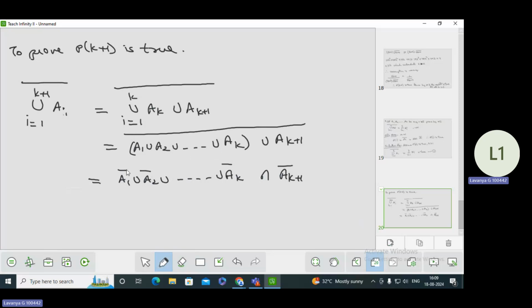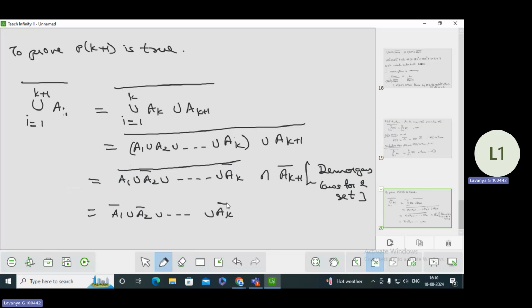I take all this and connect it by a complement overall, and I know that this is true by De Morgan's laws for two sets. One set is this whole thing and the second set is A k plus 1. Now we can break this up because we know union is associative. So we have A1 bar union A2 bar union etc. union Ak bar. Is it so?